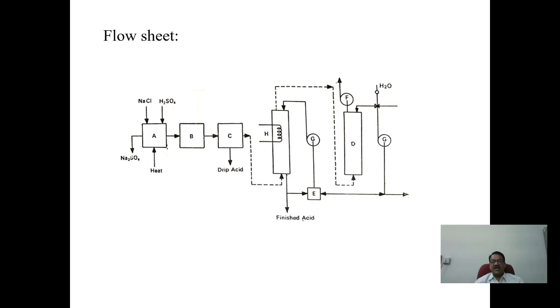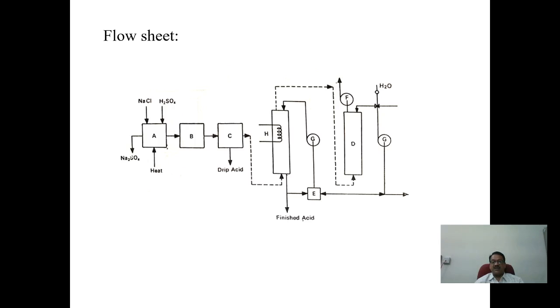The unabsorbed gases of gaseous hydrogen chloride are absorbed in the tower D, that is an absorption tower, which is lined with acid resistant or corrosion resistant material.